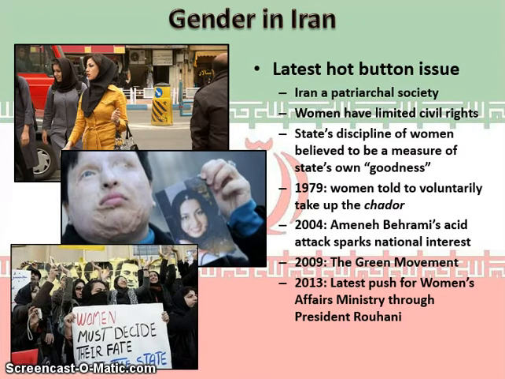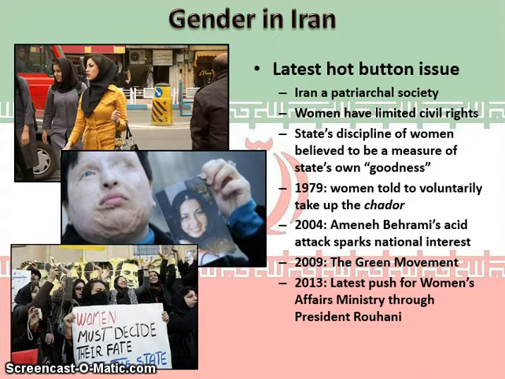And the final point on the slide is in 2013, as I've told you before, President Rouhani was elected into office, and he has also made a push for women's rights recently, much to the concern of the Iranian clergy. He has tried to put in place what will be known as the Women's Affairs Ministry, which will fight just for women's equality, their voting rights, things of that nature.